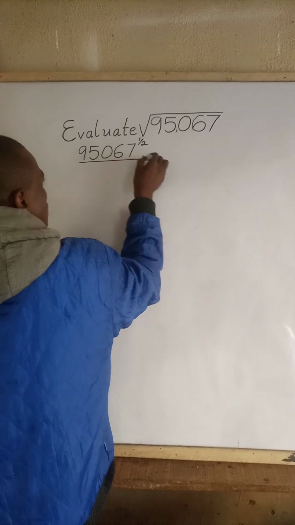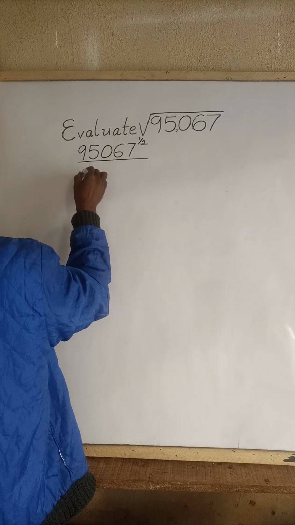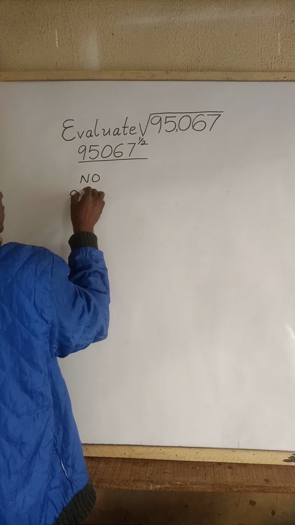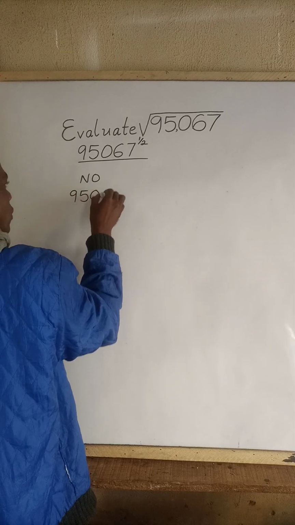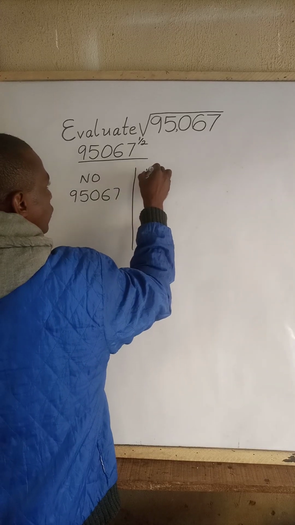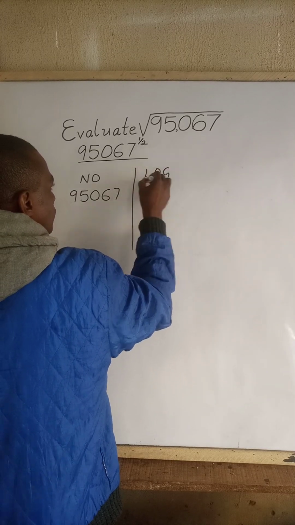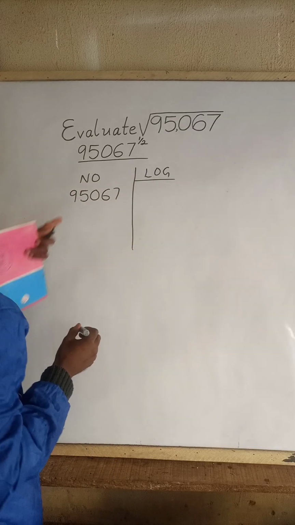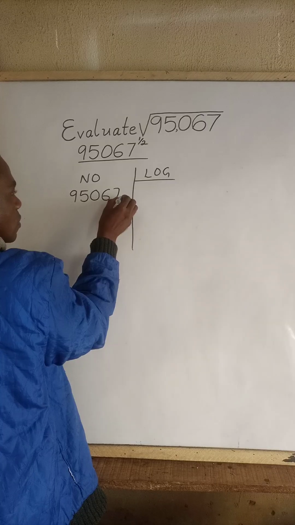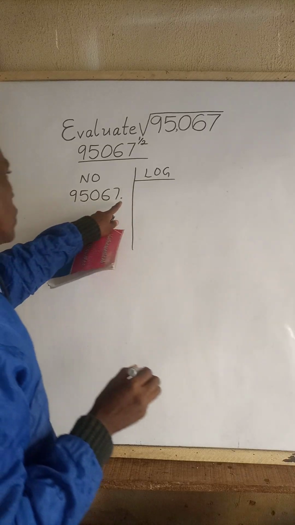Now to solve this, I will state the number. This is the number that we have, 95067. This is the column for the log. Now, for the log that we have, first of all, there is an invisible point. I will make it visible.